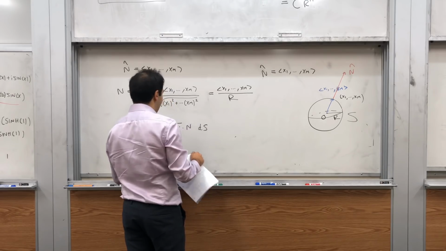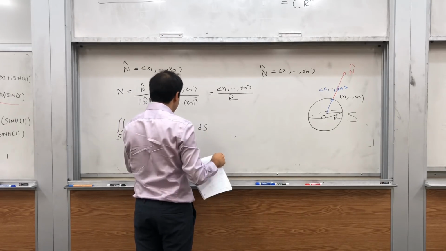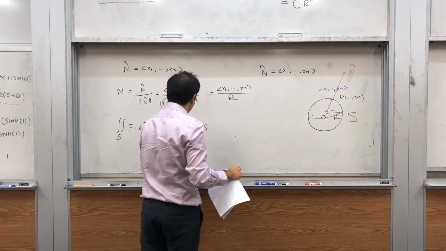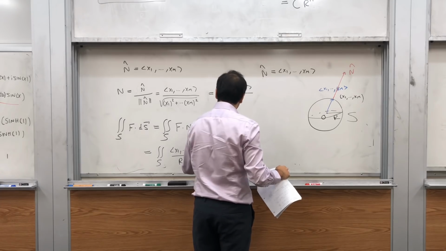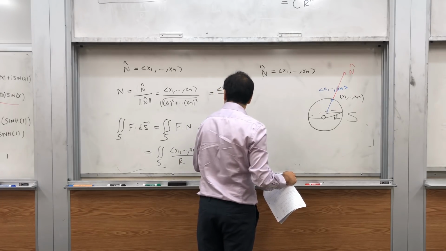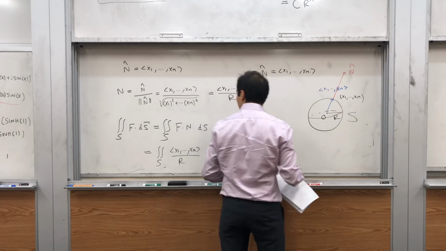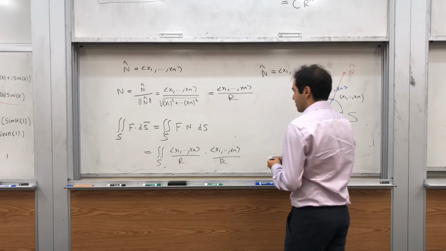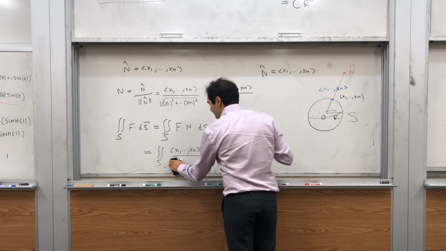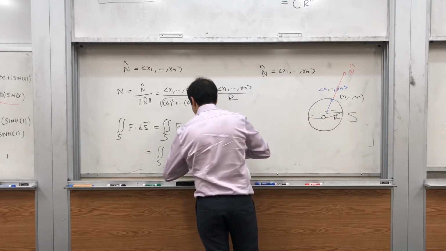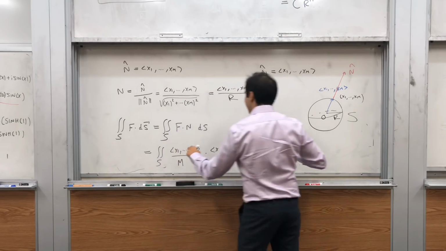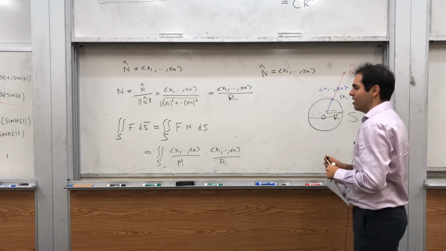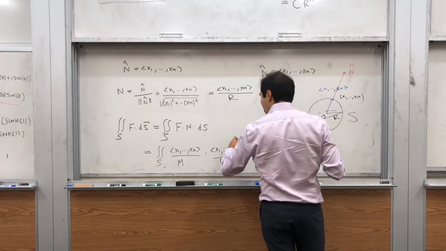And now look, f was precisely this. No, sorry, f was x1 up to xm over m. That's why I was like, that doesn't quite make sense. So x1 dot dot dot xm over m, you dot it with x1 dot dot dot xm over r.